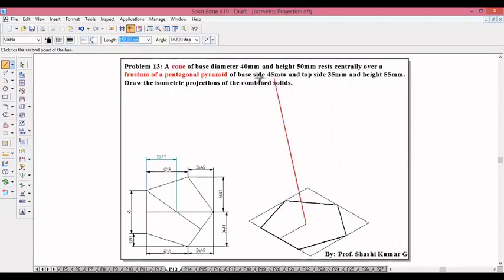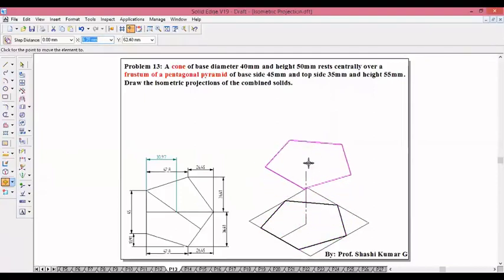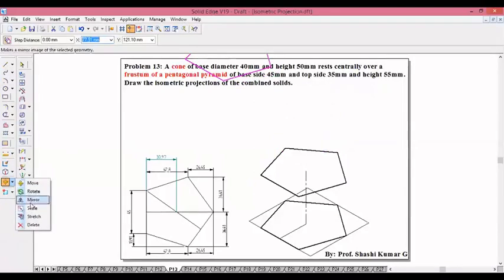The axis of the frustum of the pentagon pyramid is 55, so 55 at 90 degrees. Now since it's a frustum, you will get a top pentagon also. Choose the bottom pentagon, go to move, switch on copy, from base center place it on the top center, taking this endpoint as a reference, and immediately go for scale.